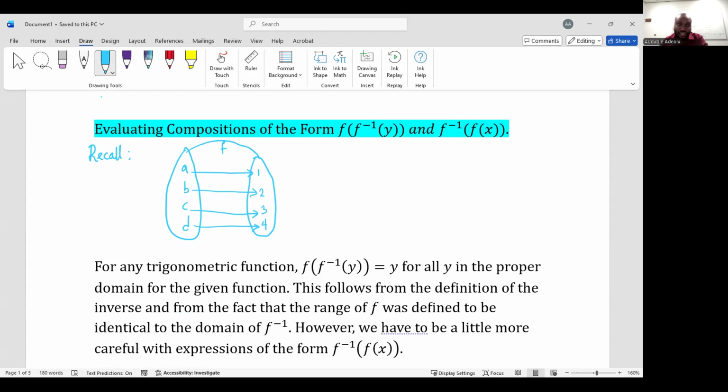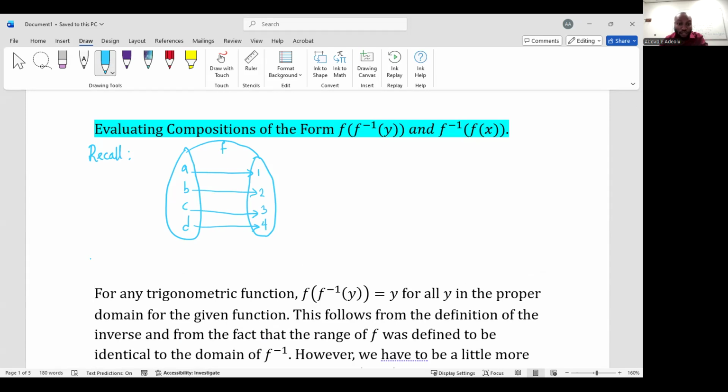So you can see every output value has just one input value. Now, this function has this property. Let me show you something. If I have f inverse, let me draw this function this way.